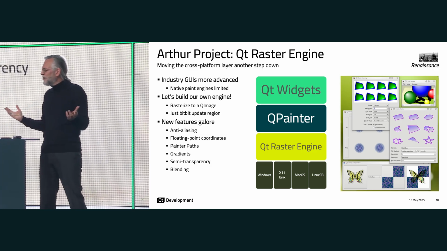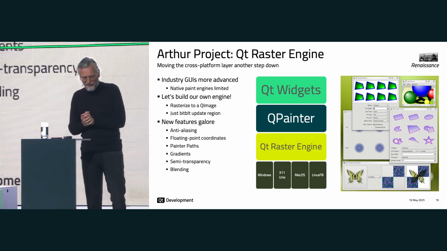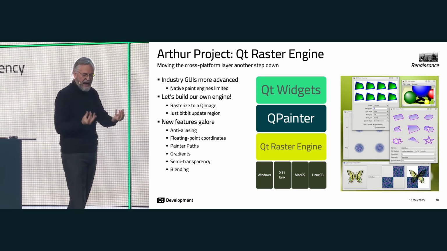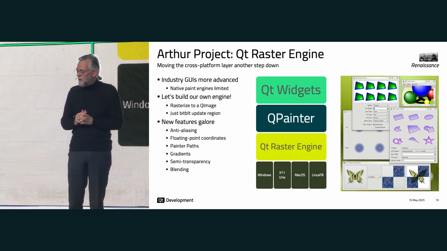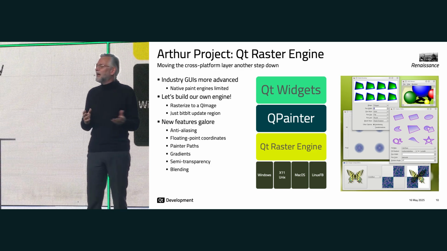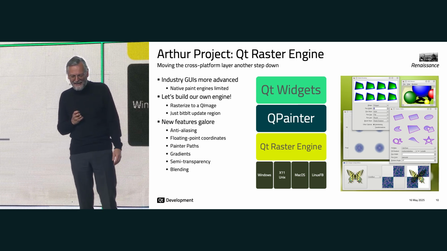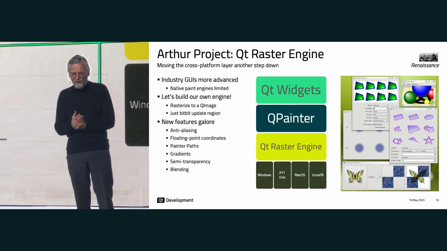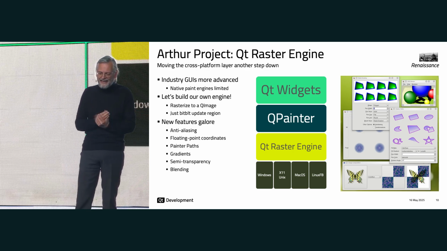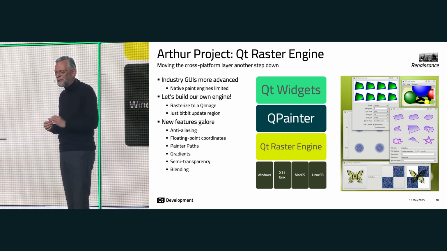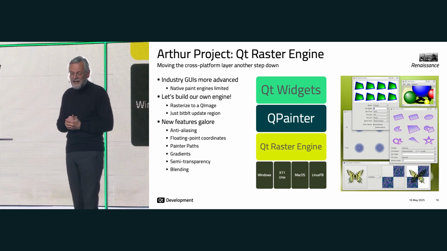And this freedom then to add features to the paint engine was really appreciated by the developers. They went wild and added all sorts of new features like anti-aliasing, giving smooth contours over partially covered pixels.